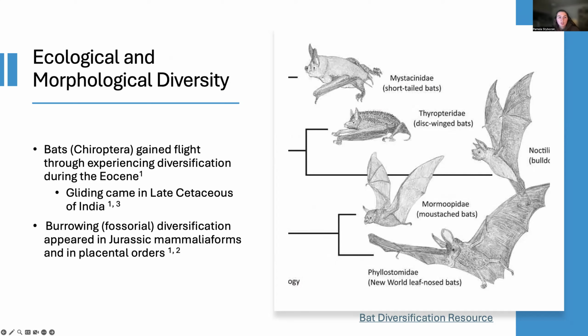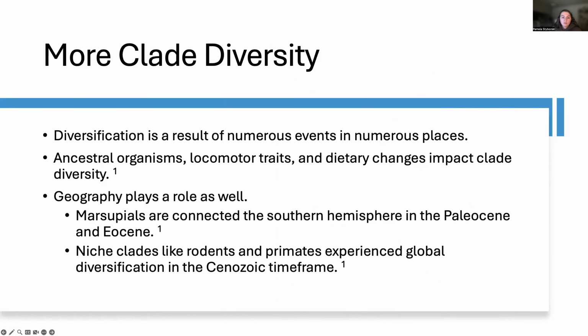There are also traits such as burrowing or fossorial diversification, which appeared in Jurassic mammaliaforms and in placental orders. Diversification, just to clarify, is the result of repeatedly evolved independent ecological radiations into niches across the globe. So it's the result of numerous events in numerous places.